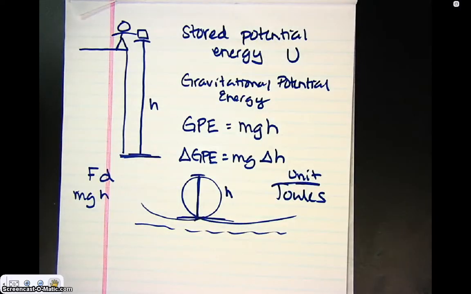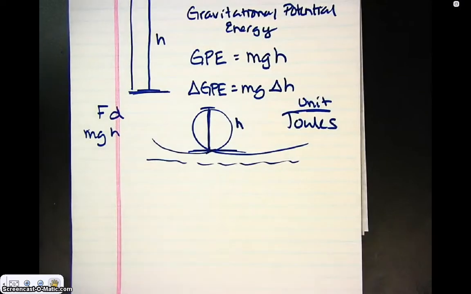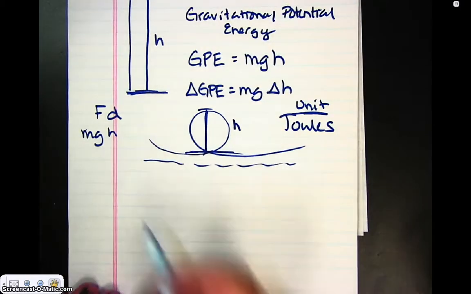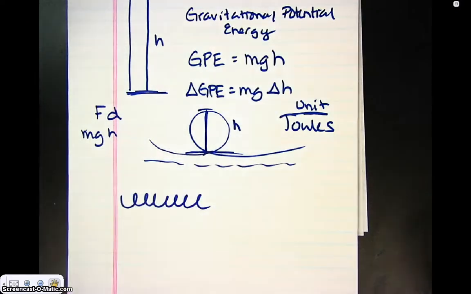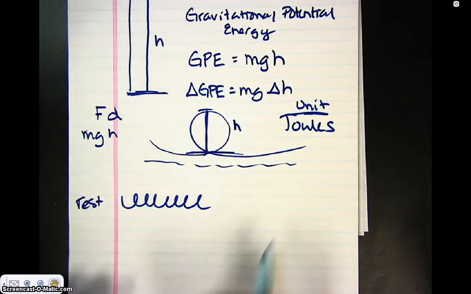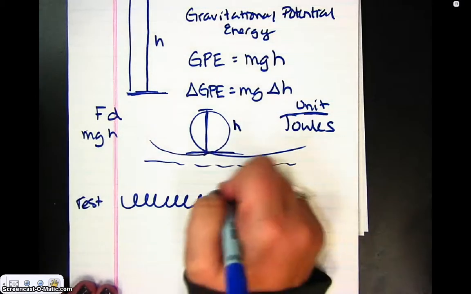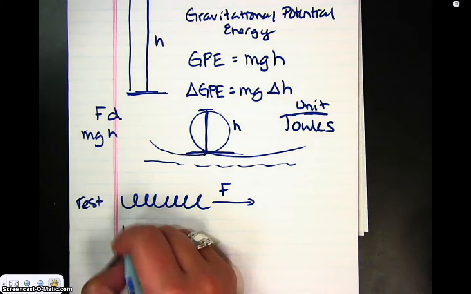Now, another type of potential energy is the potential energy that happens with things that are elastic. For our purposes, we're going to use springs because they really are the most straightforward example. So if I were to take a spring and I have it at its resting position, right? So this is its rest position. If I were to then pull on that spring with some force in this direction, it will cause the spring to lengthen.